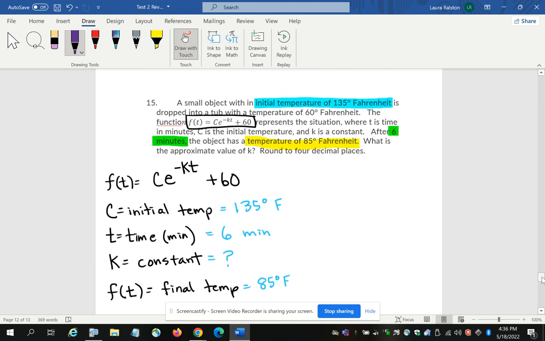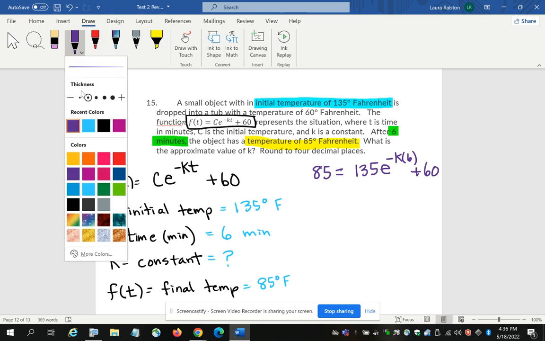So we would have 85 degrees, my final temp, equals 135 times e to the negative k times 6, plus 60. I've plugged all the numbers into my formula, and I'm ultimately trying to find k.